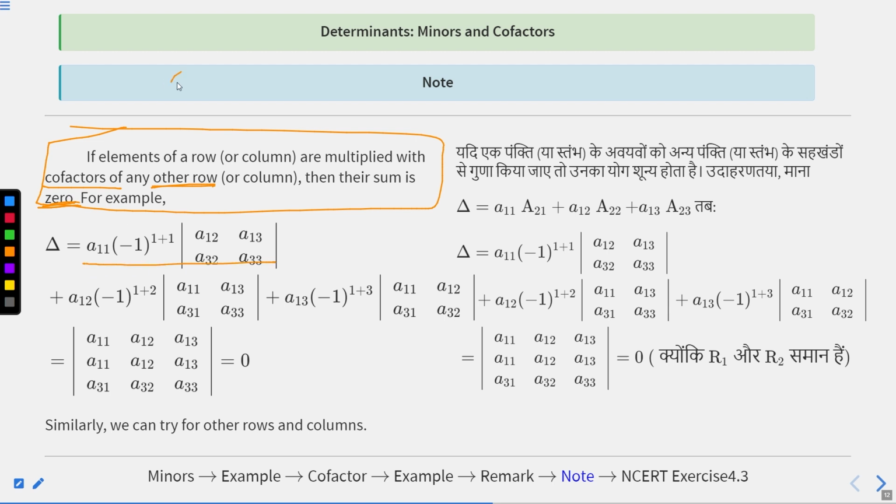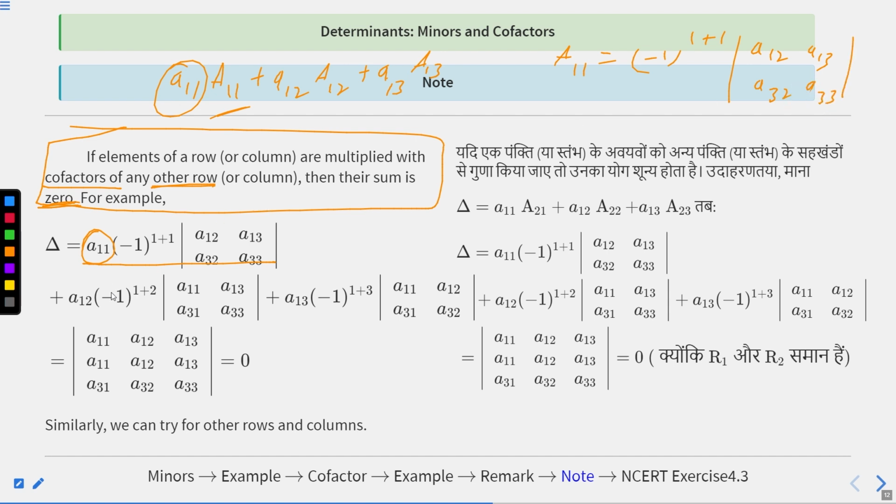Along row 1, a11 A11 plus a12 A12 plus a13 A13. As you can see, A11 will be (-1) to the power 1+1 times the 2 cross 2 determinant of a22, a23, a32, a33, like this.